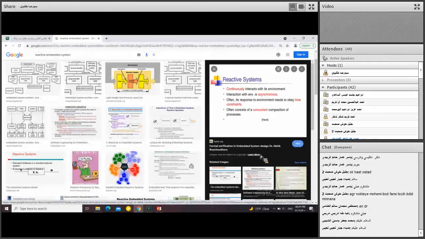These are the definitions of a reactive system. Then a reactive embedded system means that we have a system that has some interaction between the system and the environment.